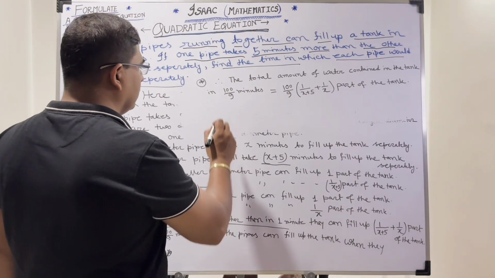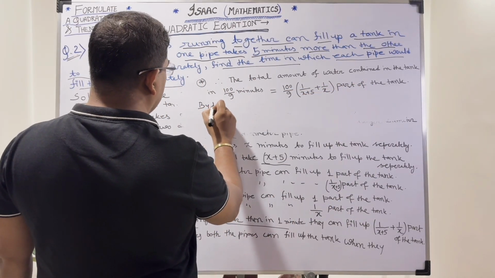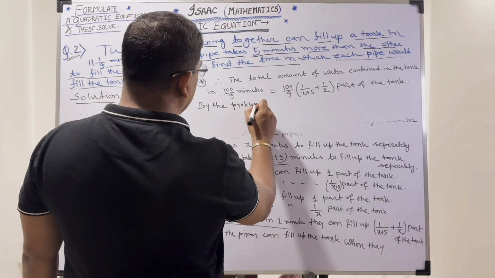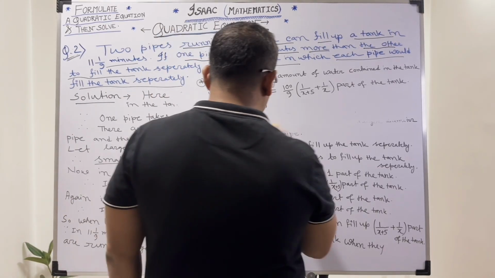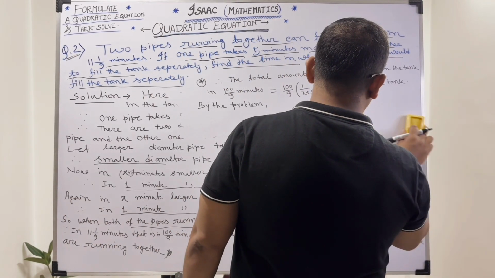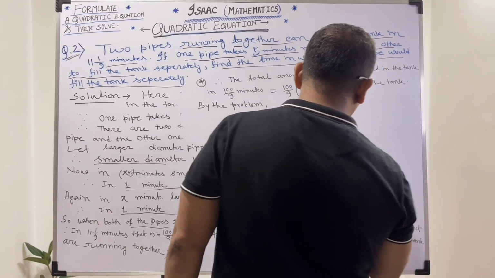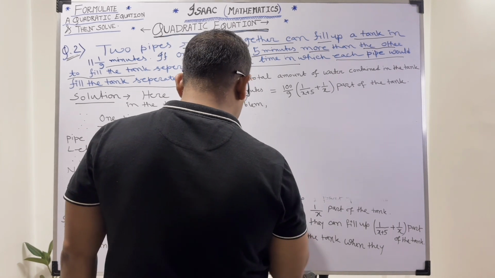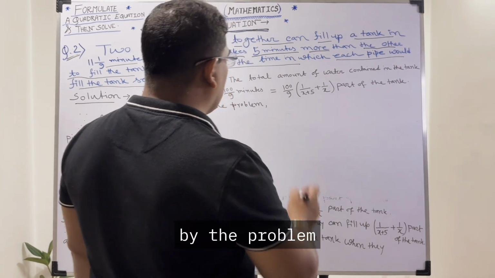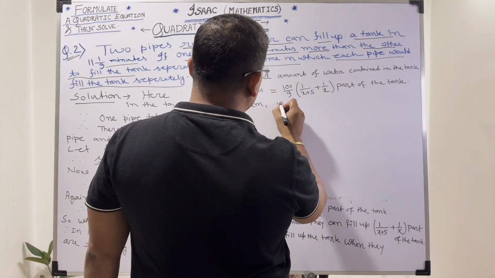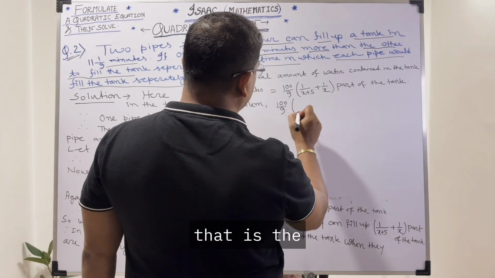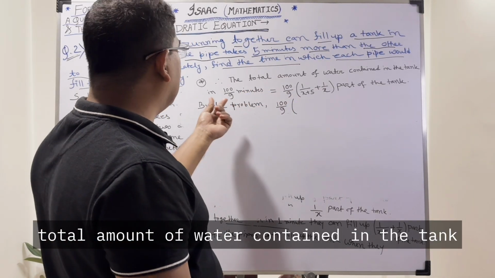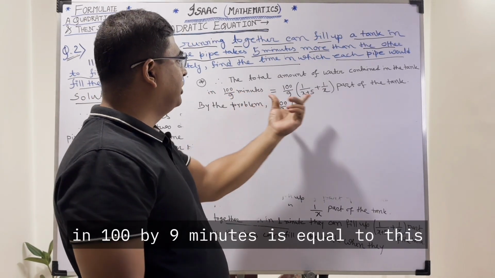Okay, by the problem, this part, that is the total amount of water contained in the tank in 100 by 9 minutes, is equal to this.